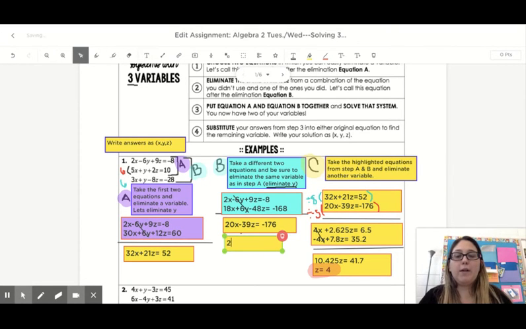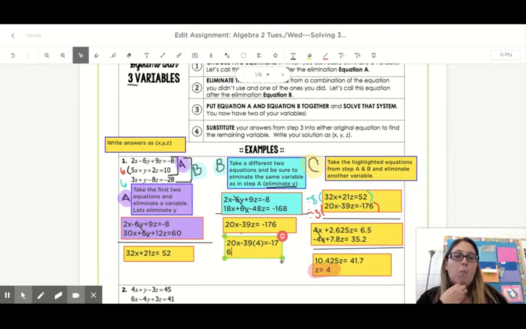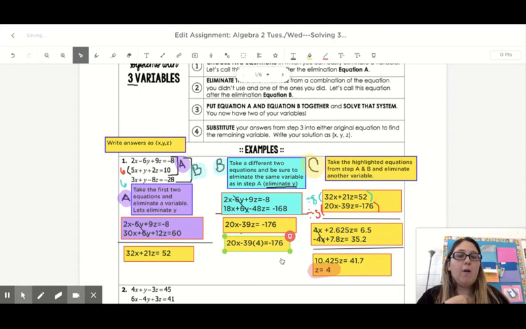So I have 20x minus 39, and then instead of z, I'm going to use 4. And then that equals a negative 176. And so now I can solve. I have 20x with a negative 39 times 4. It's going to give me a negative 156.